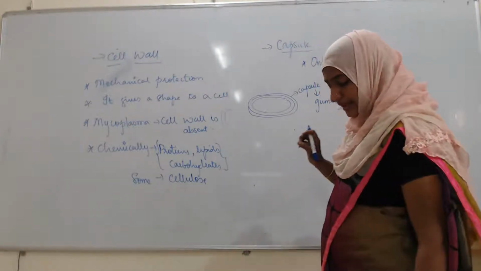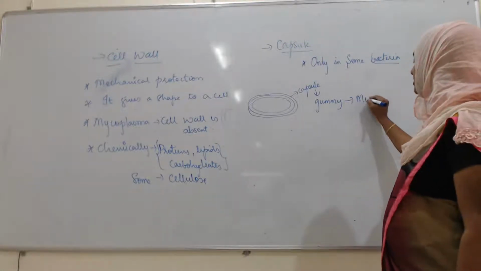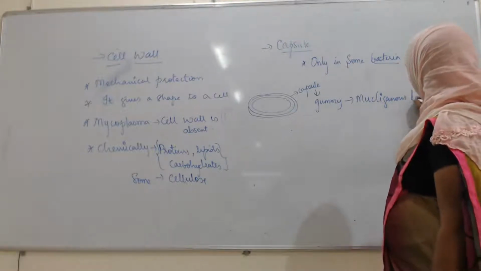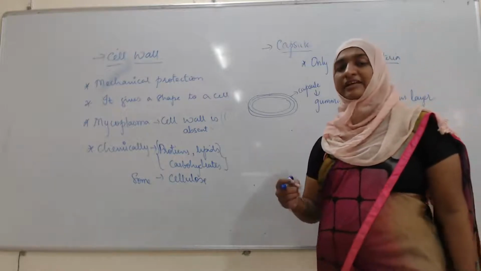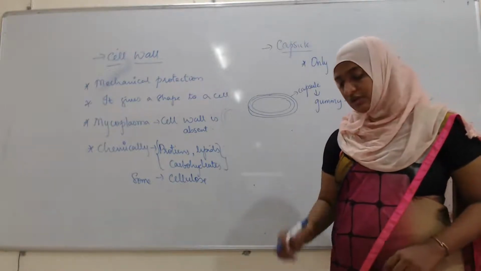What is it made up of? A mucilaginous layer. A mucin-like substance will be present, which gives the gummy or jelly-like nature to the capsule.